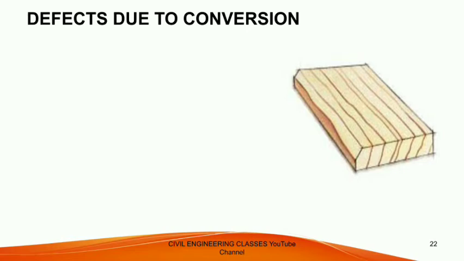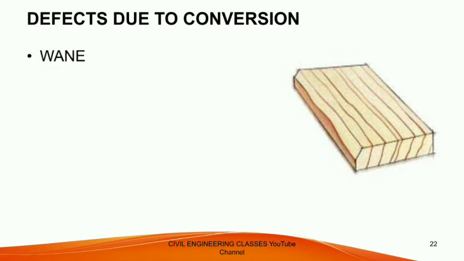Now coming to the next, defects due to conversion of timber. We already know that in conversion of timber, we convert the timber into various market forms or industrial forms. Let's see what the defects due to that are.